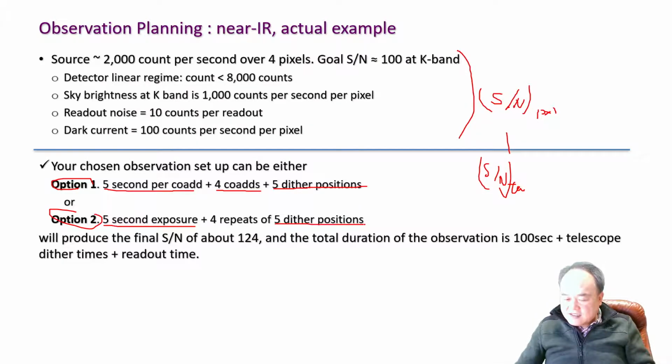Okay, so in either way, you can achieve the final signal to noise ratio per pixel of 124. Okay, and then total duration is still 100 seconds plus maybe the readout time and telescope slew of a few seconds, so the overall duration of the observation is well within 2 minutes.